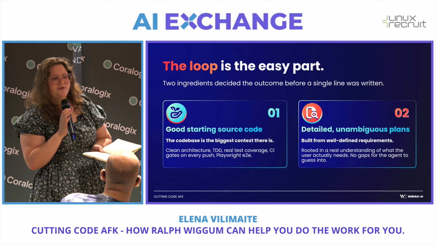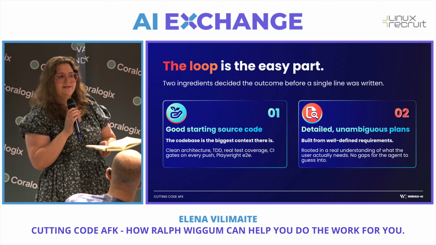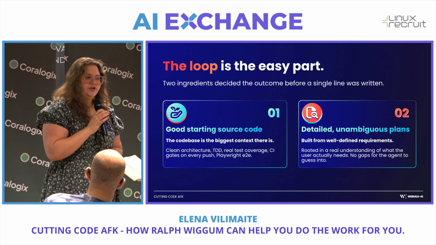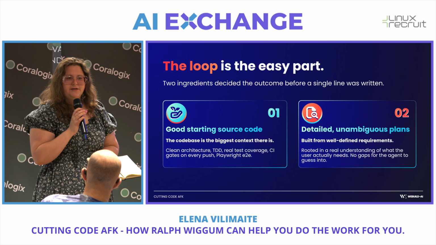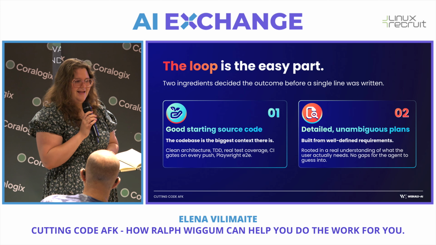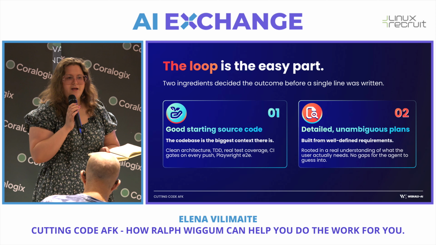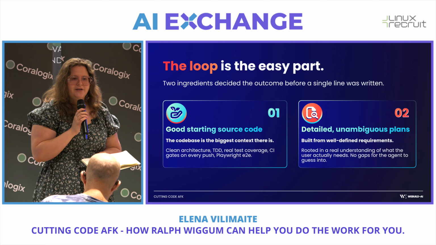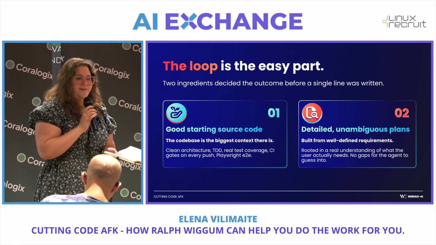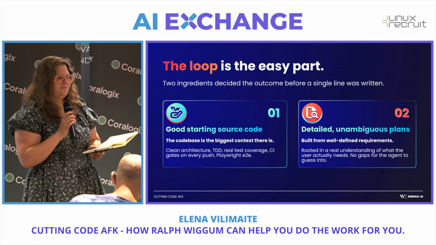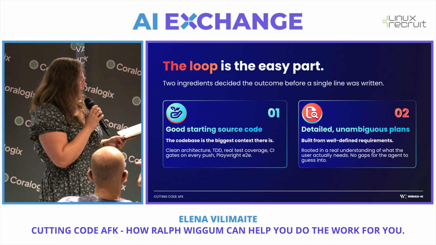I mean, a lot of people think that the context that the agents use is the instructions that you give it or whatever you've got defined in your agent files. In reality, for agentic coding, the code base is your biggest context. So if what you have is a mess, you're going to end up with a bigger mess.